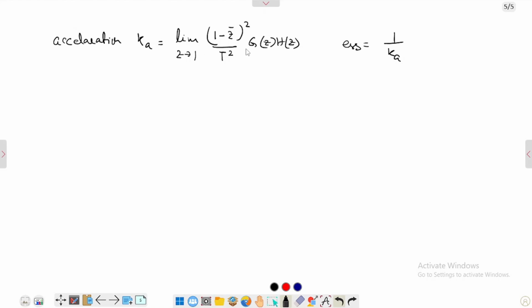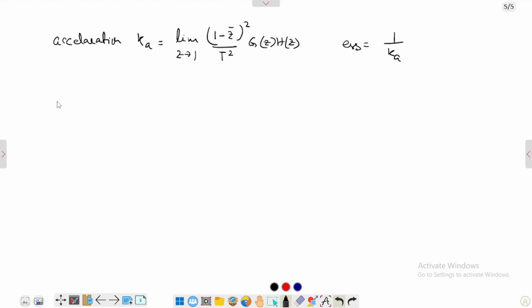In this case also, we will not have any acceleration error constant. So in this particular problem, we will have only one error constant, and that is called the position error constant.